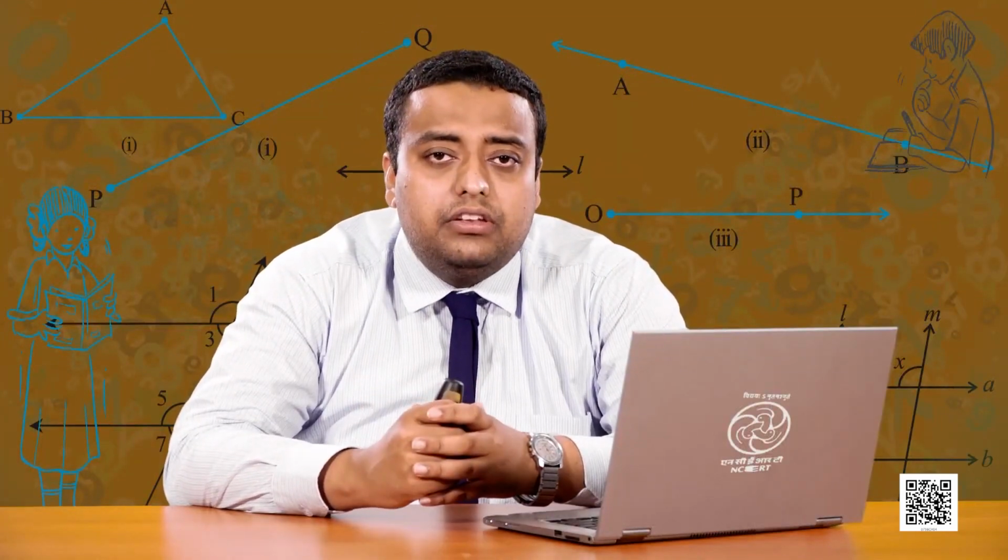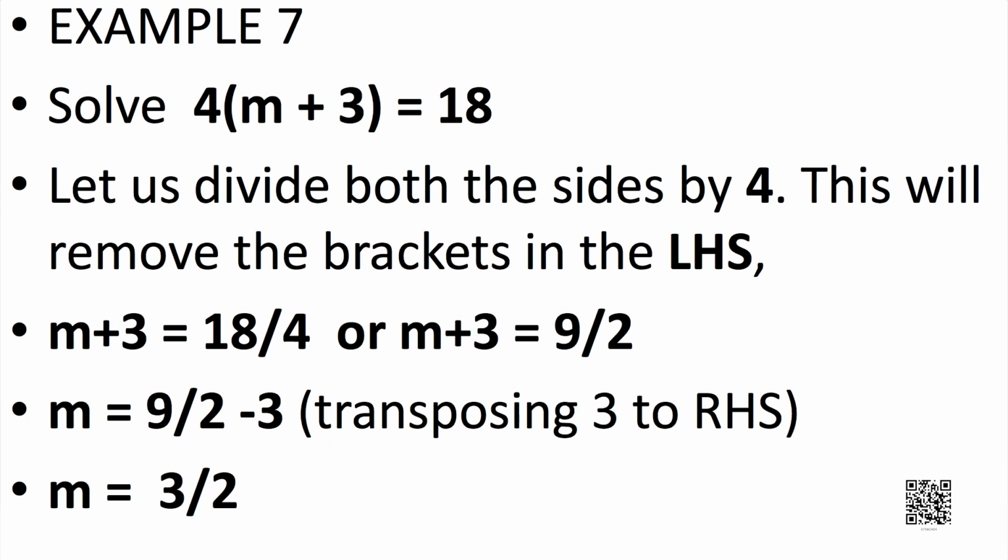Now, we shall solve two more equations so that we can see the involvement of brackets, which have to be solved before proceeding. So, see example 7. The first question is 4 in the bracket m plus 3 is equal to 18. First, we will divide both the sides by 4. For this, we will remove the brackets.